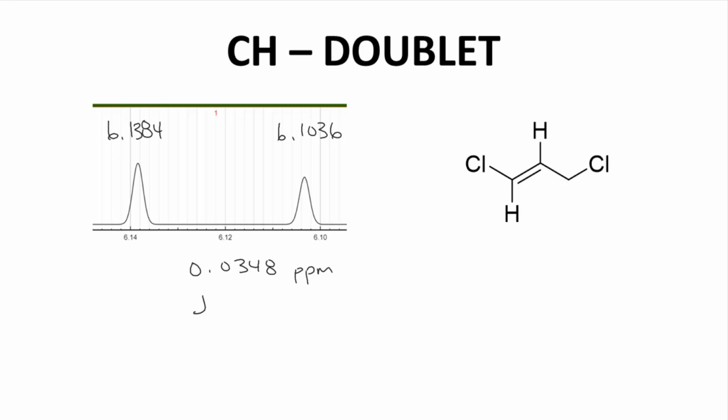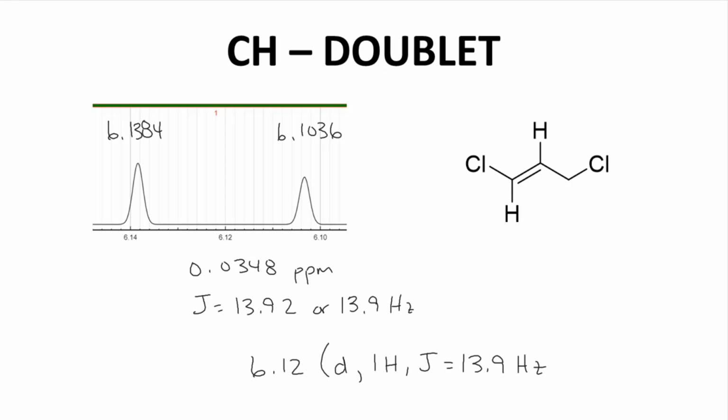That's a J value of 13.92 or just 13.9 hertz. So the peak is reported as 6.12 doublet 1H, J equals 13.9 hertz.